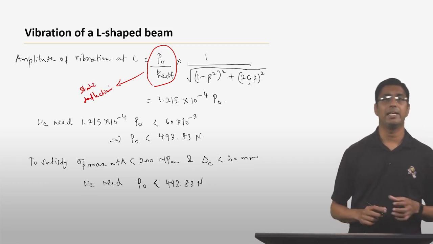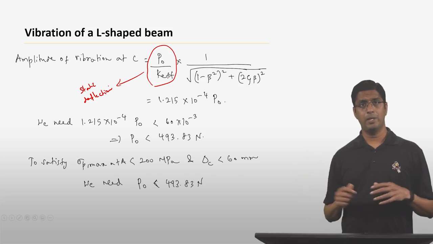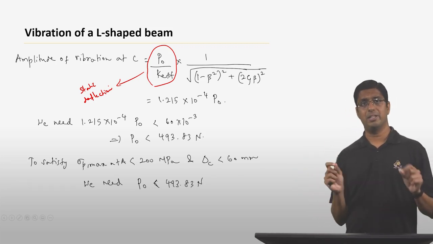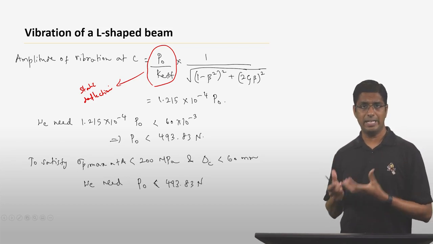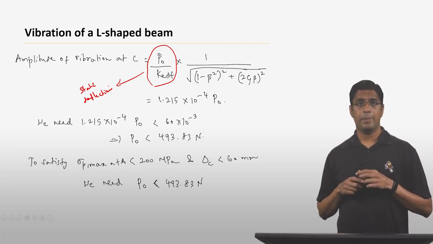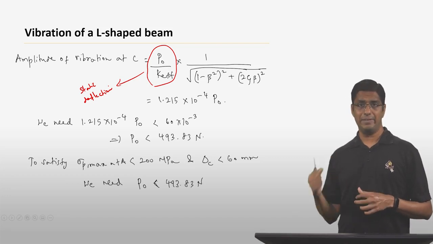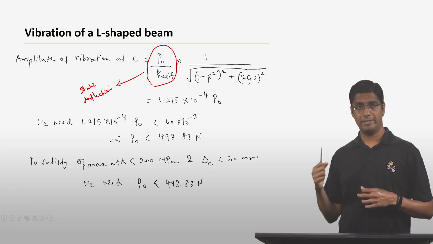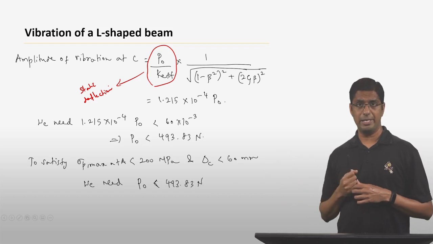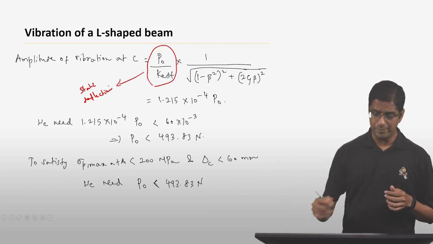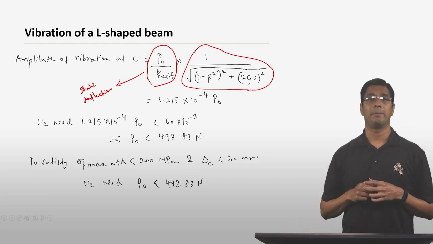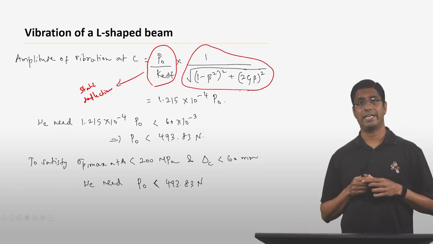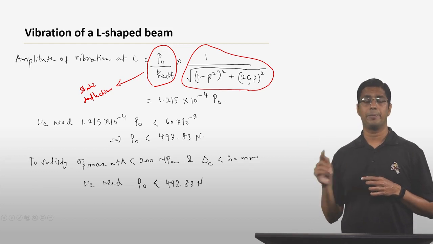Okay? What it means is that if this P was not a time varying force, if it was just a constant force P naught, that P naught by K effective would be the deflection that we'll get at point C. But because this P is a time varying force, which is given by P naught cos 60t, you are going to have an amplification of the maximum displacement at point C, which is given by the second term, which is 1 over the square root of (1 minus beta square) the whole square plus (2 zeta beta) the whole square.